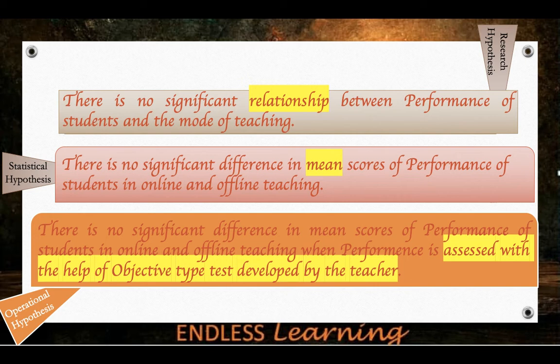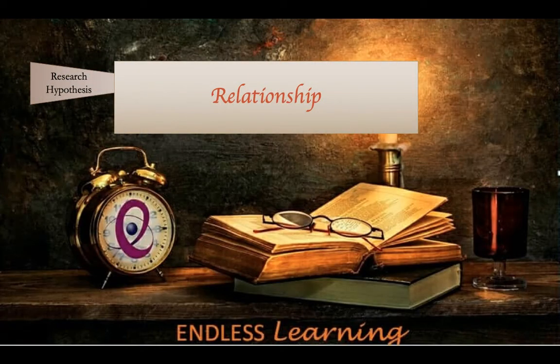That means we have added the name of the tool with the help of which we collected the data. Keep in mind that the research hypothesis cannot be tested with statistical techniques till we convert it into the statistical hypothesis or the operational hypothesis.